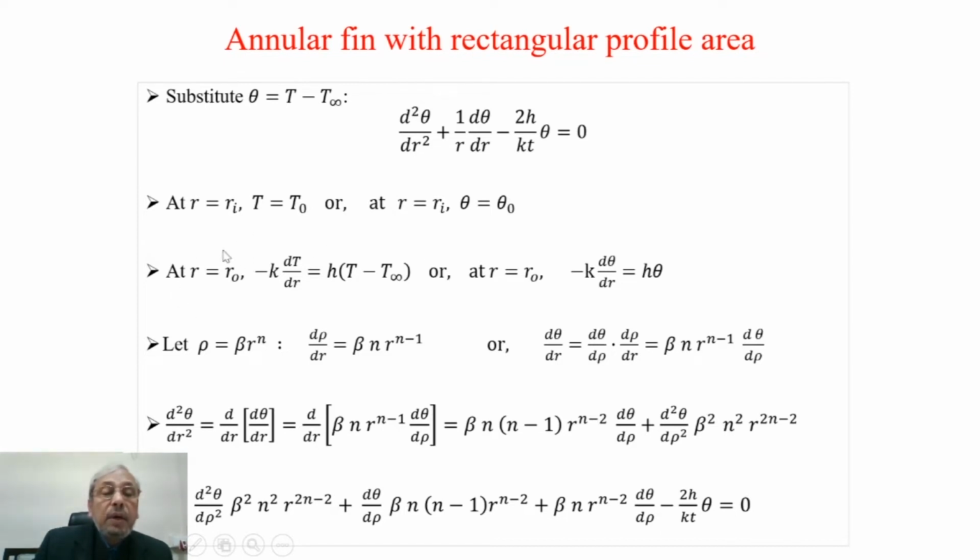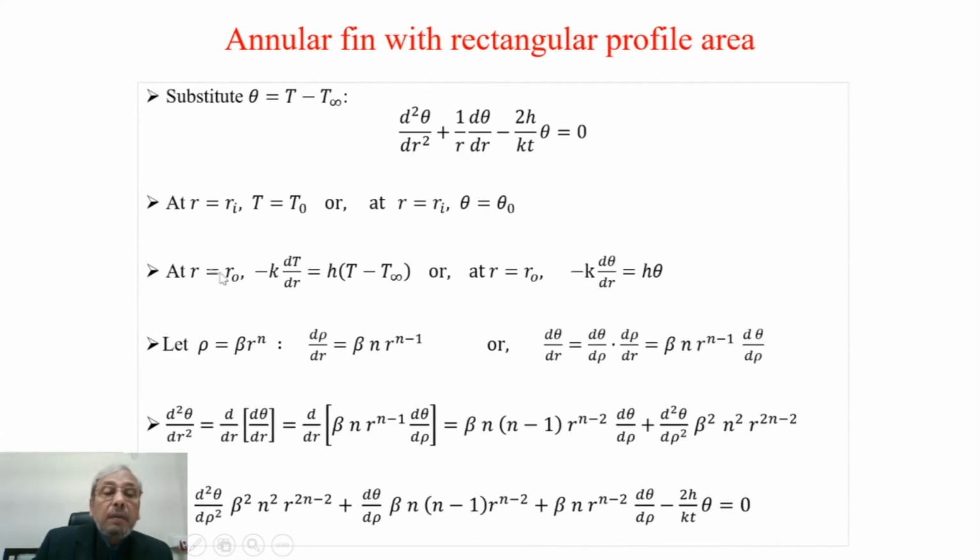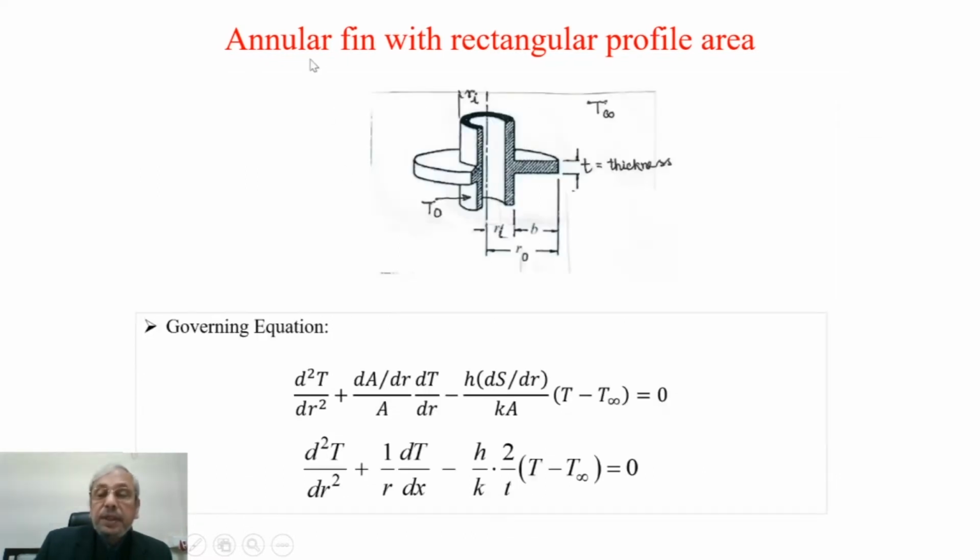And at r equal to R0, that is the outer radius, minus k dT by dr equals h into (T minus T infinity).